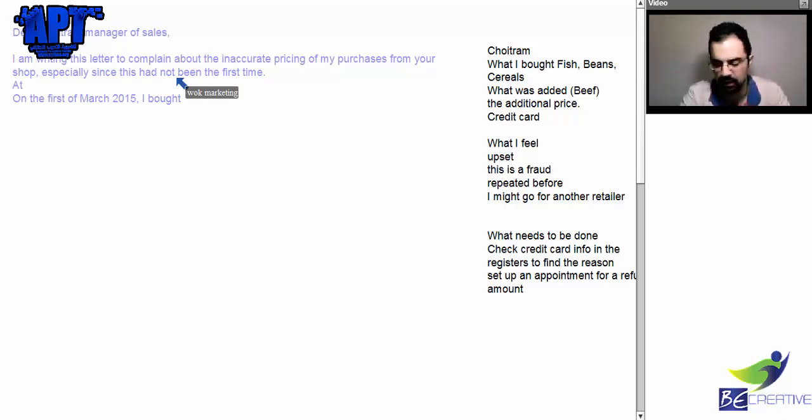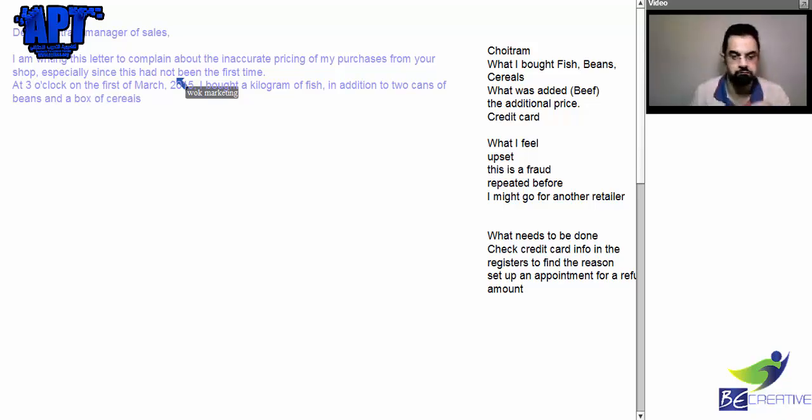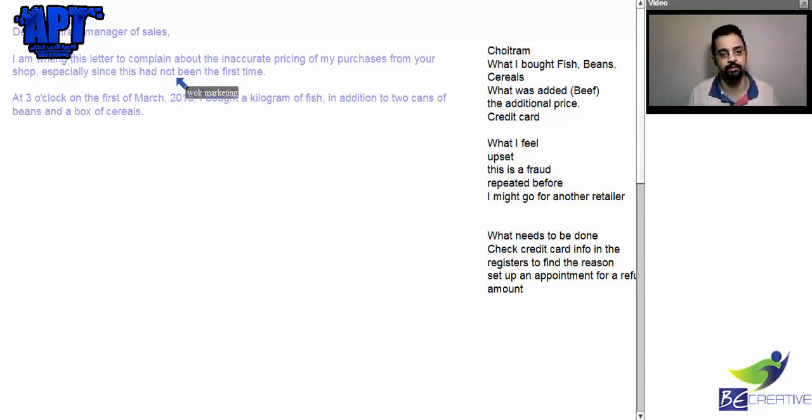So at 3 o'clock on the 1st of March 2015, I bought a kilogram of fish in addition to 2 cans of beans and a box of cereals.